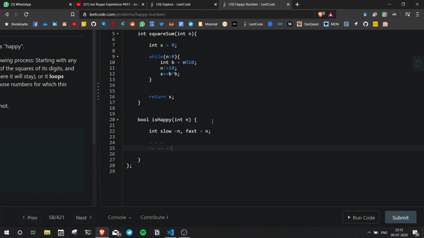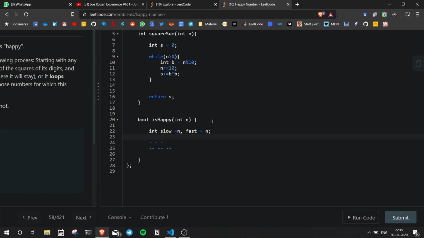So basically what will happen is, once there is a cycle, the slow pointer will be at one point in the cycle, and the fast pointer will be at a further point of the cycle, and then cycle back and come back to the same point or behind the slow pointer. So what we can check is if the slow pointer and fast pointer are the same at any point.